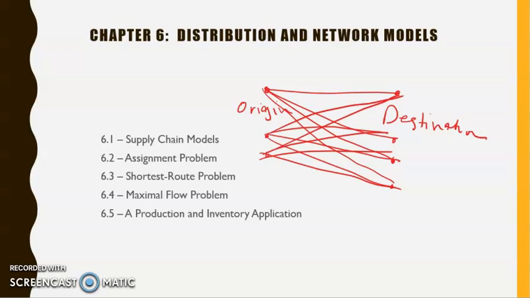But for sure, the parts that we are covering are 6.1, 6.2, and 6.3. These parts are covered in this class for sure because of the basic and introductory role they have in the field of distribution and network models.